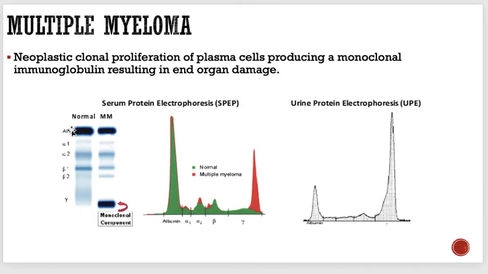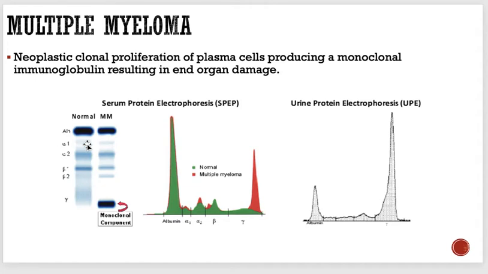Now, I am explaining this in the easiest way that someone can. They pass a current, and when the current is passed, the things will start moving because the proteins have charges, negative charge.